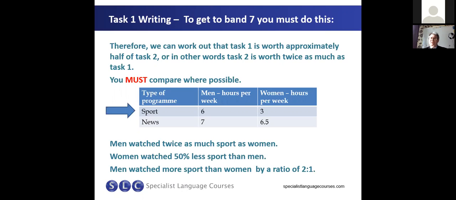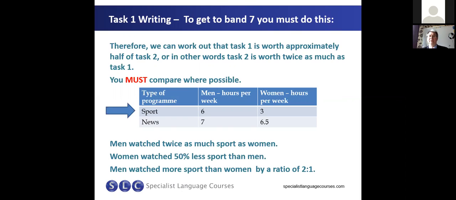So let's have a look at comparative sentences. And remember, to get to band 7, you must use comparative language. So looking at this table, we could say men watched twice as much sport as women. So we're comparing the figure for men with women, and we know that it's twice or double, if you like. Turn the other way around. Women watched 50% less sport than men.